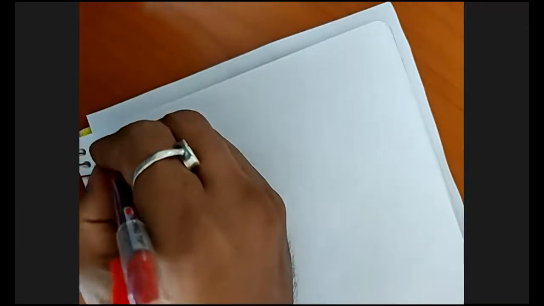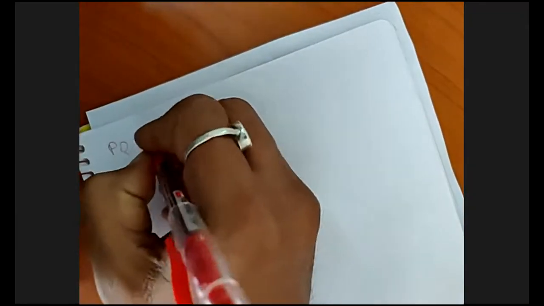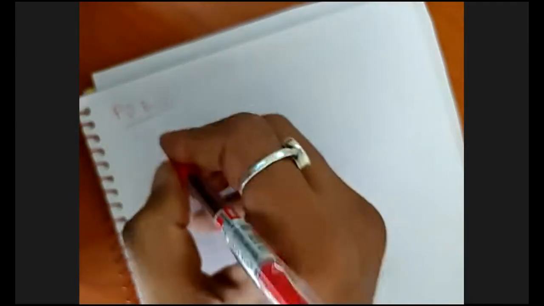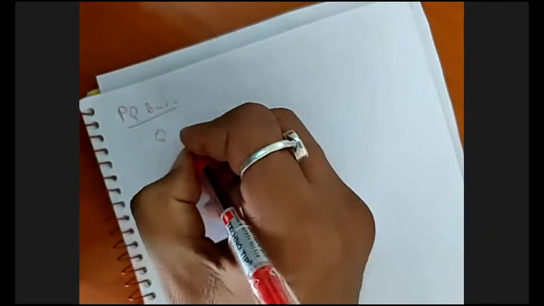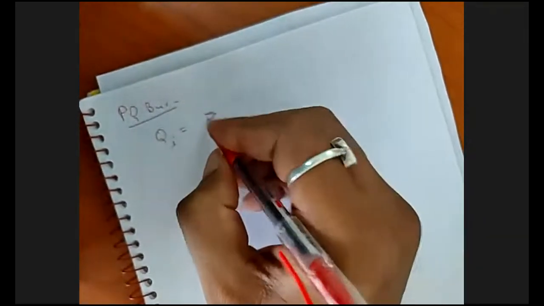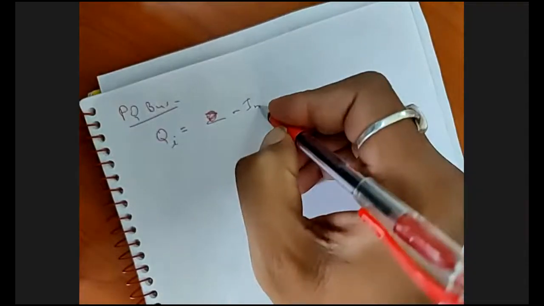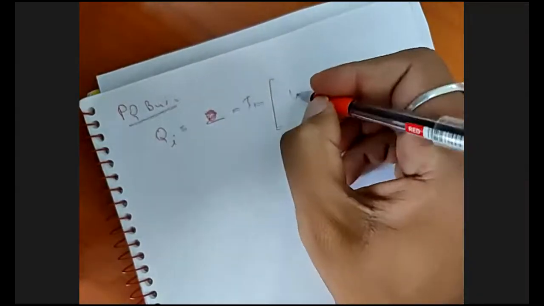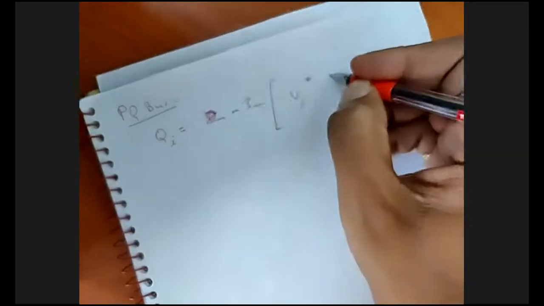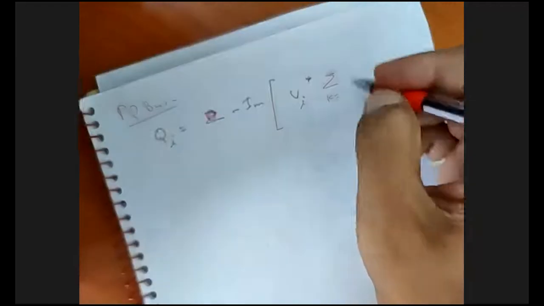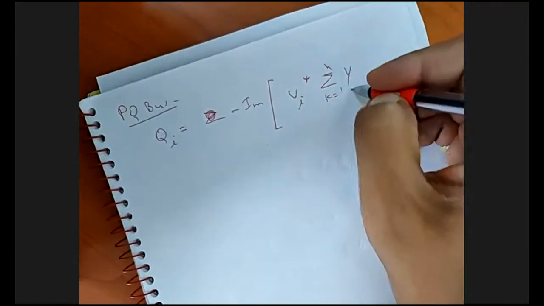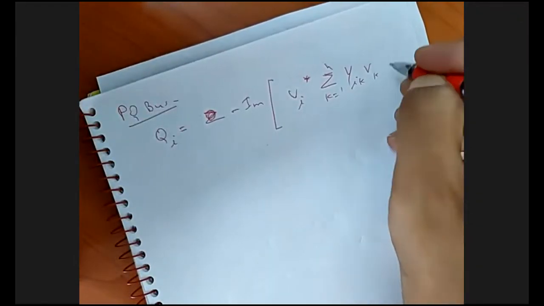Now this is for the PV bus. When we have the PQ bus, your formula for Qi is minus imaginary part of Vi star summation k equal to 1 to n Yik Vk.